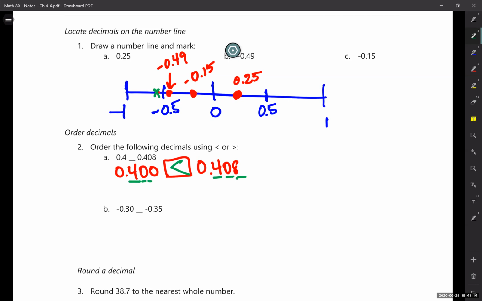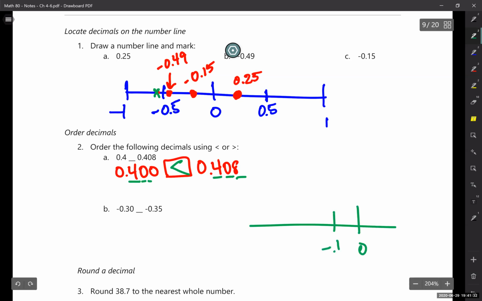Part B, very similar. However, we have those negatives, which makes everything backwards. So if you are having a hard time doing this in your head, then what you can do is just draw a number line. I'm going to just do it by tenths.